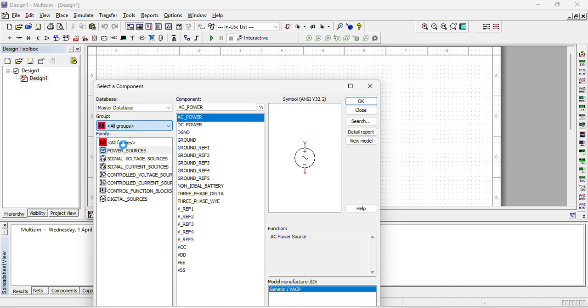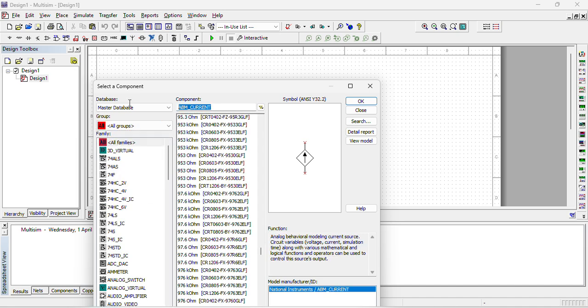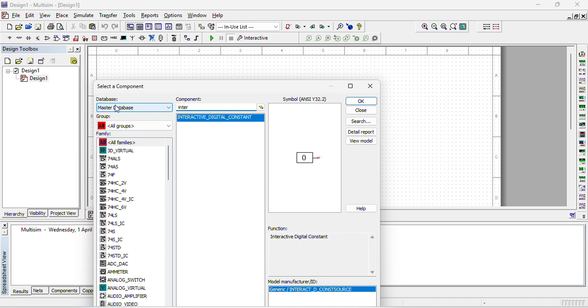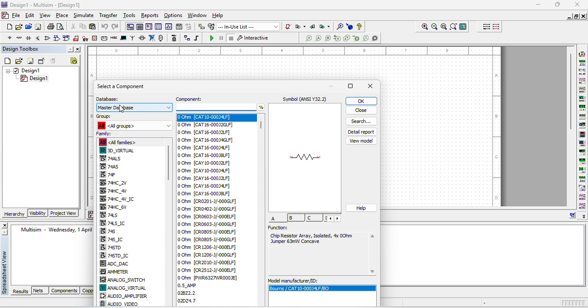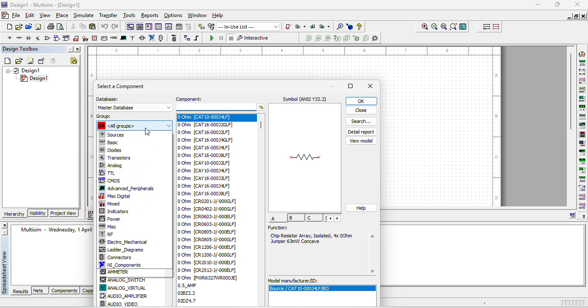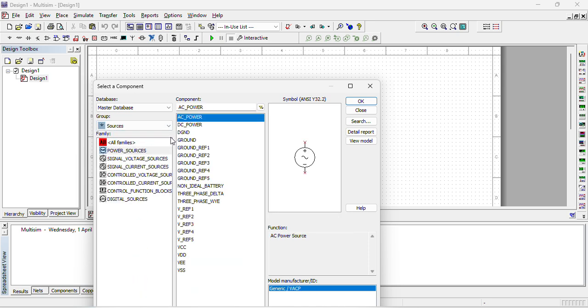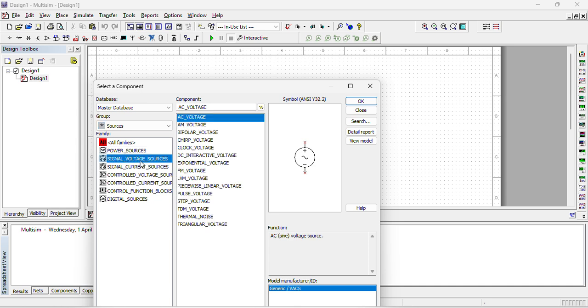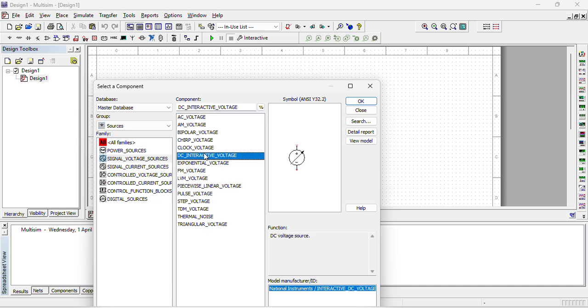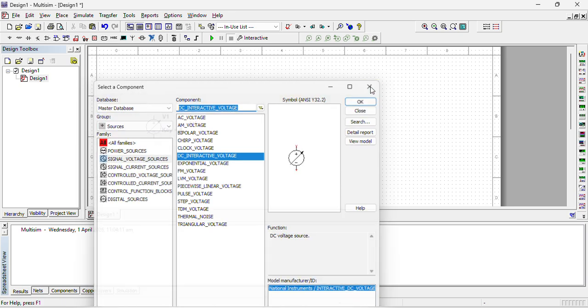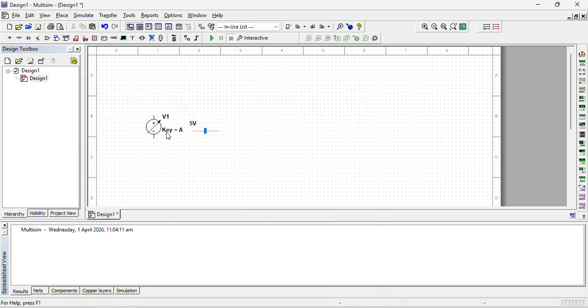So we will take interactive sources and DC interactive voltage. So this is a variable DC voltage. And the beauty of this is that we can control it with any key that we assign.